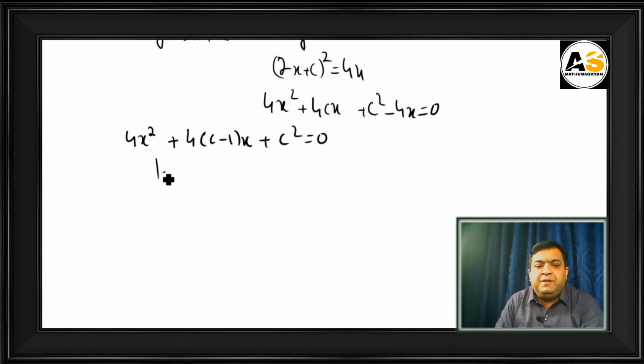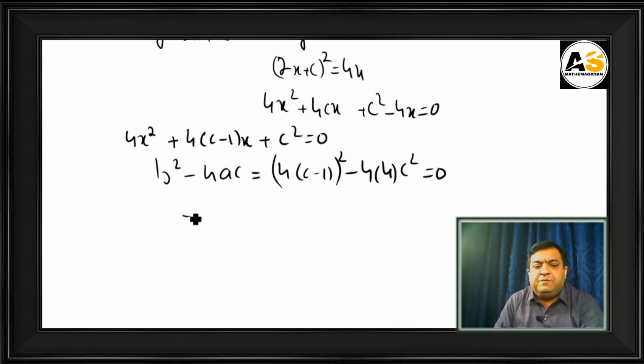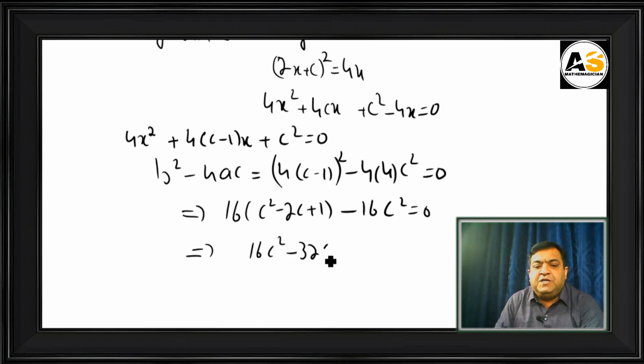Its discriminant will be b square minus 4ac, which will be 4 times c minus 1 its square, which is b square, minus 4 into a into c. This must be equal to 0, which implies 16 into c square minus 2c plus 1 minus 16c square is equal to 0, which further implies 16c square minus 32c plus 16 minus 16c square is equal to 0.